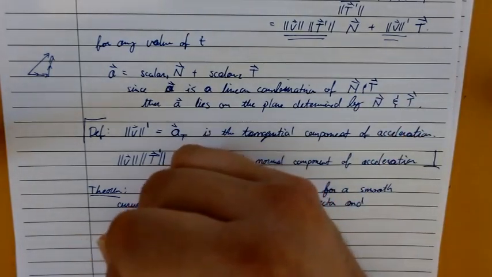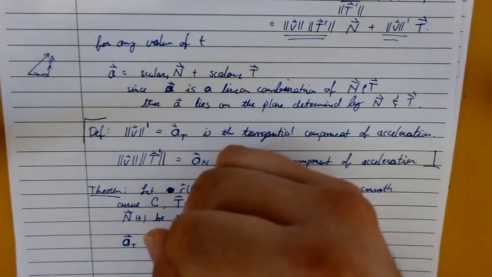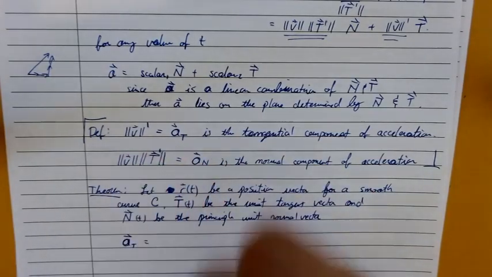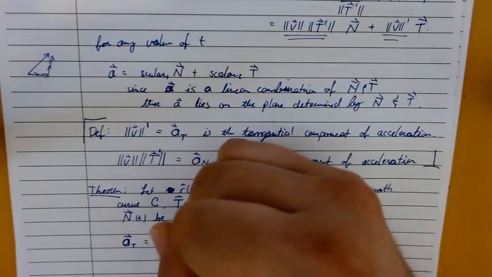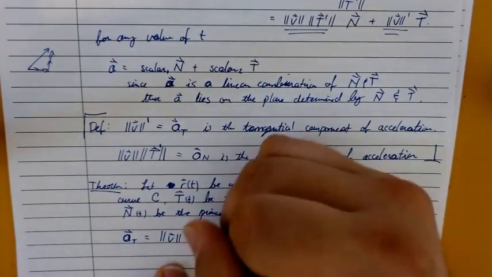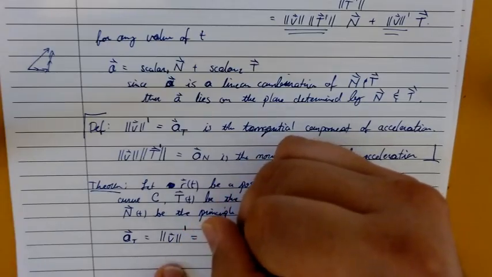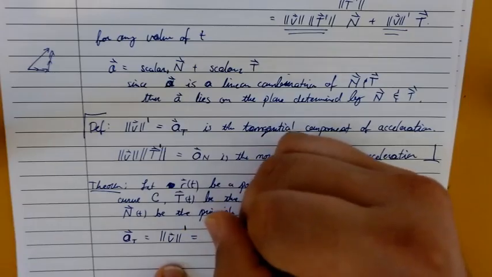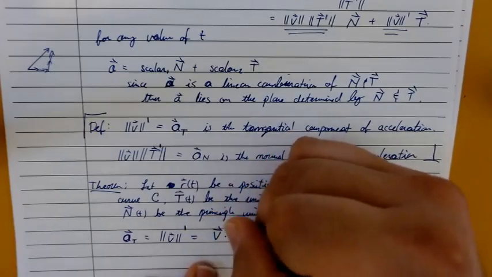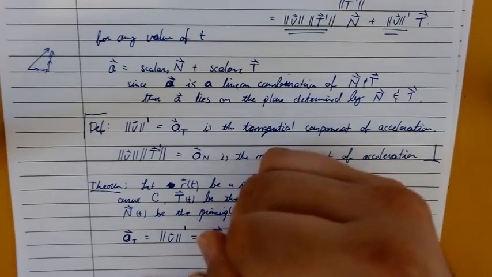Then the tangential component of acceleration, which is given by the definition here, the magnitude of the velocity prime, can also be computed as v, the velocity vector, dotted with a, the acceleration vector, divided by the magnitude of v.